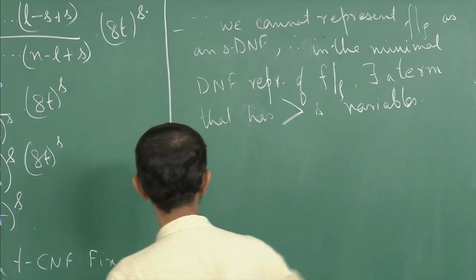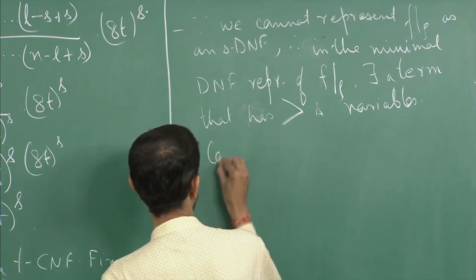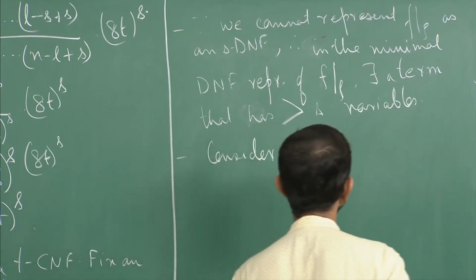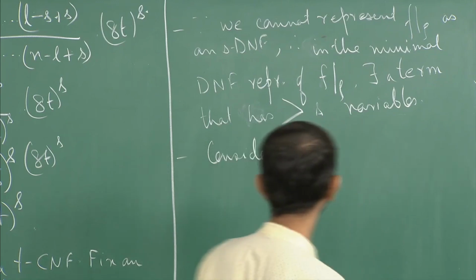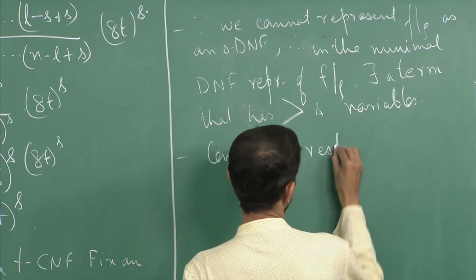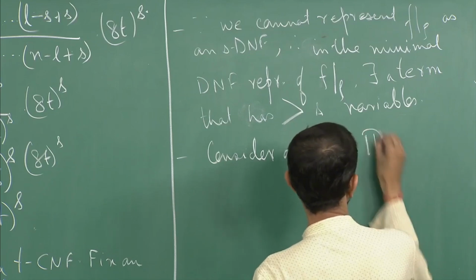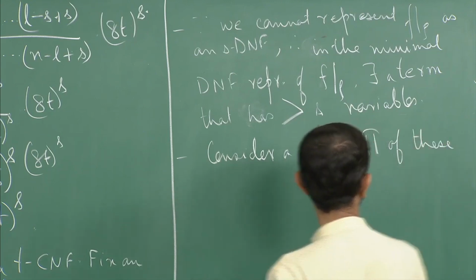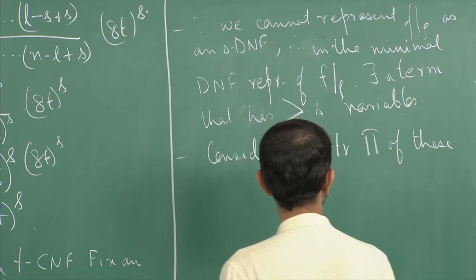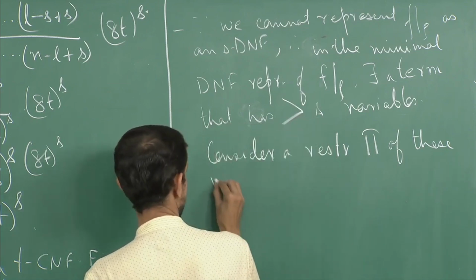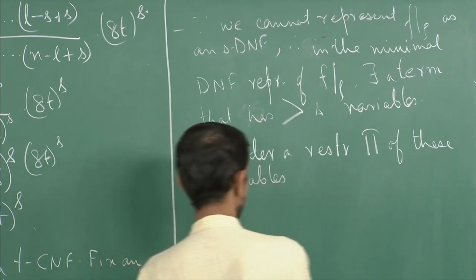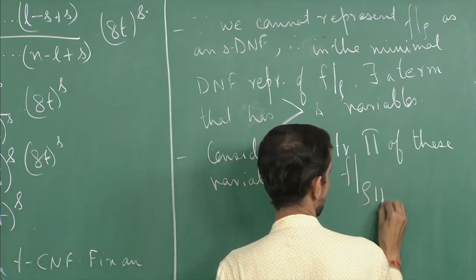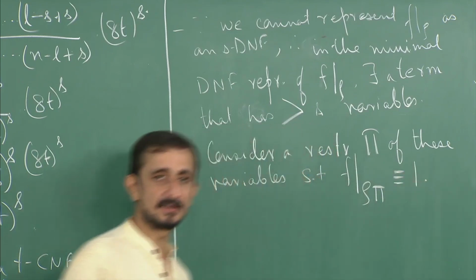Okay. So now we consider another restriction pi of these variables such that f restricted to rho pi is identically equal to 1.